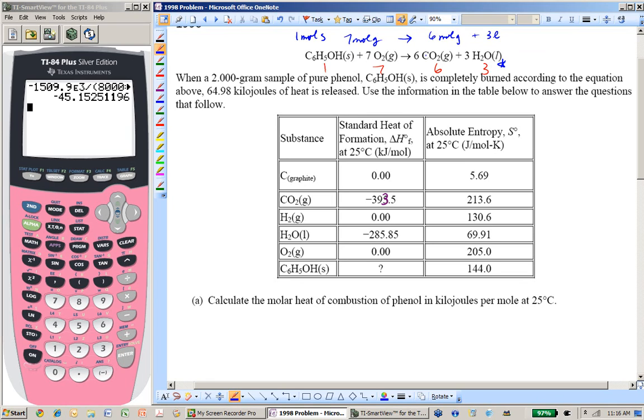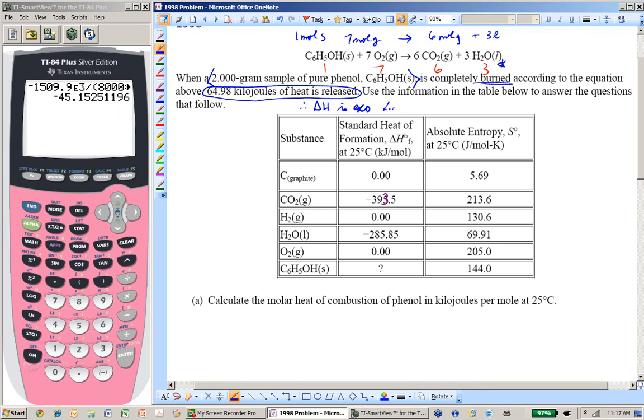And then, what else do I know? Okay, I guess I can actually read the problem now. When a 2-gram sample of pure phenol, C6H5OH, solid, is completely burned, combustion, we love combustion in thermo, according to the equation above, 6.498 kilojoules of heat is released, therefore delta H is negative, because released means that.